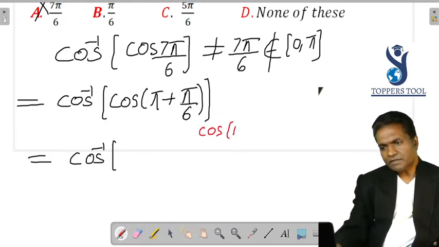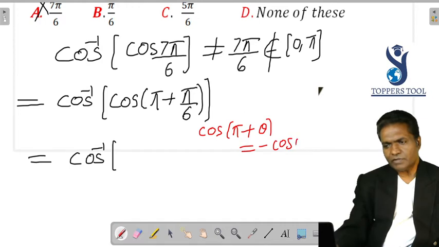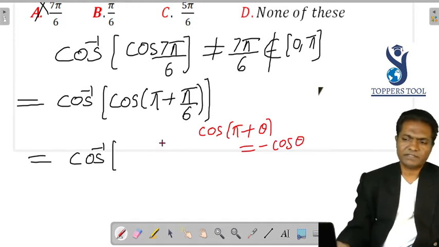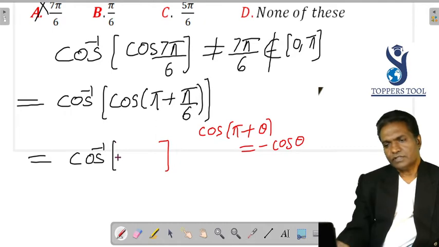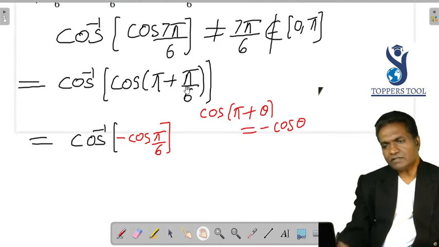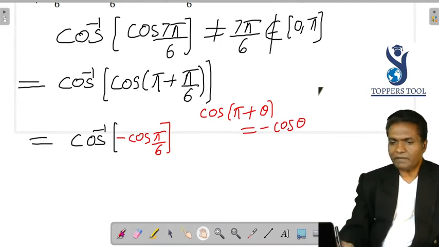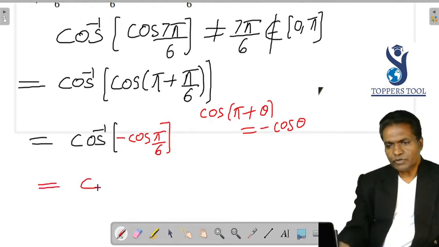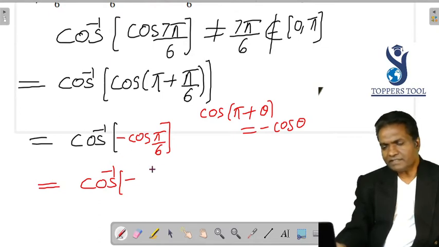Remember this, cos of pi plus theta is minus cos theta. Must be known to you. If you don't know, just note this. So cos of pi plus pi by 6 is minus cos of pi by 6. So this is cos inverse of minus cos pi by 6, and cos pi by 6 is root 3 by 2.